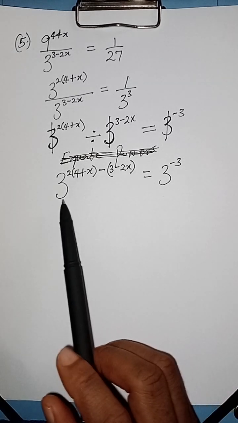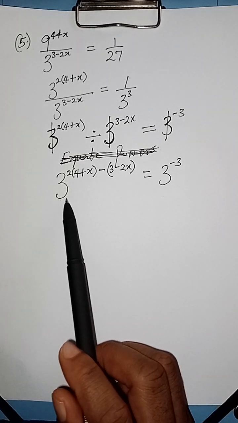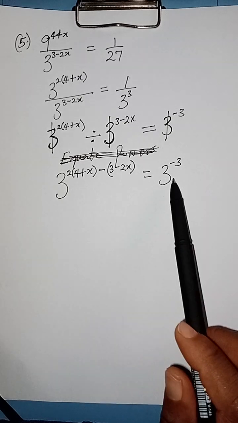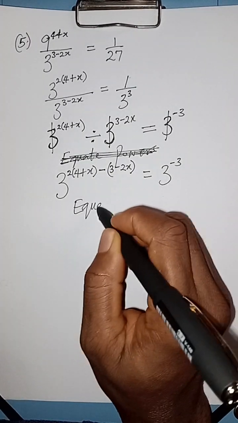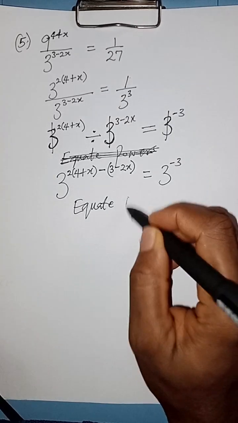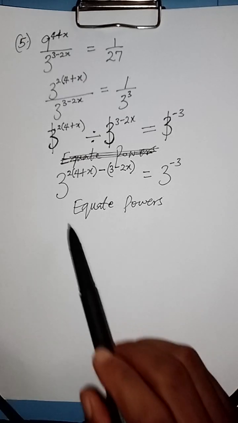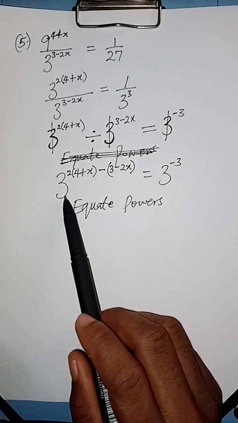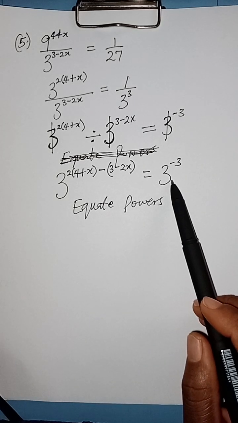So at this point, once you get to this step where you have just one base at your left-hand side and one base at your right-hand side, you can equate powers. So please don't forget this. Before you equate powers, always ensure that the base is only 1 at your left-hand side and 1 at your right-hand side.